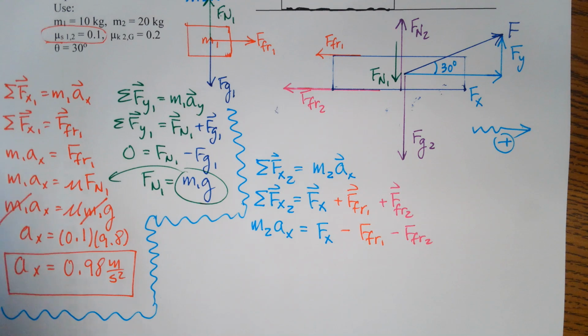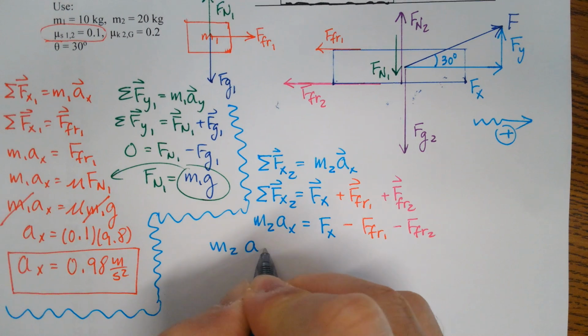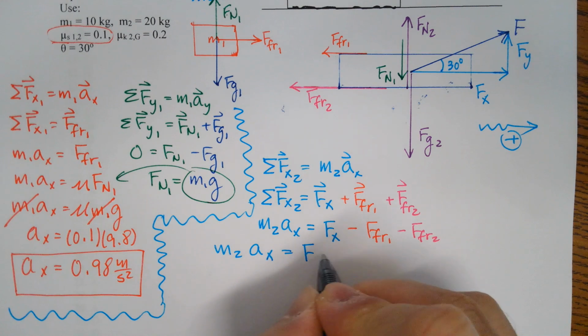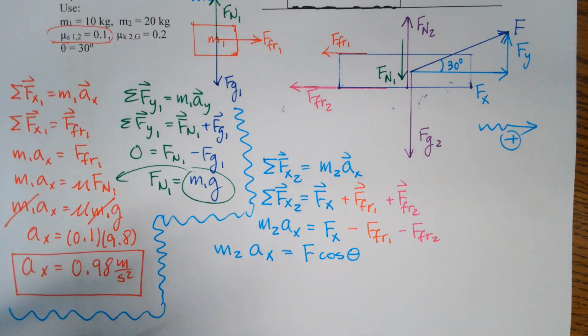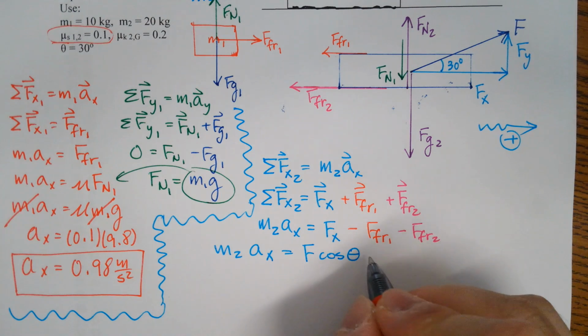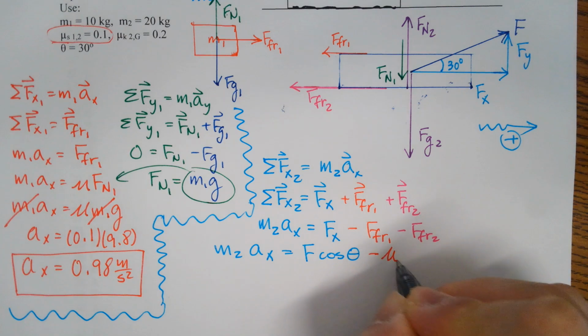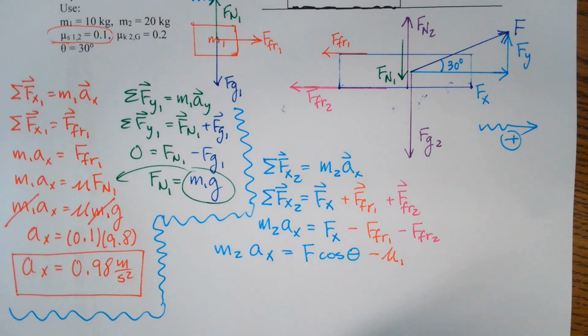Well, here, my m2ax now is equal to Fx, which is really nothing more than F cosine theta, minus friction 1, which is mu 1 times F normal 1, right?